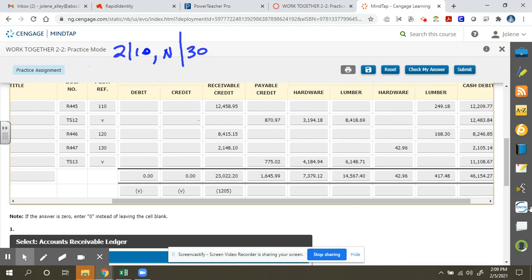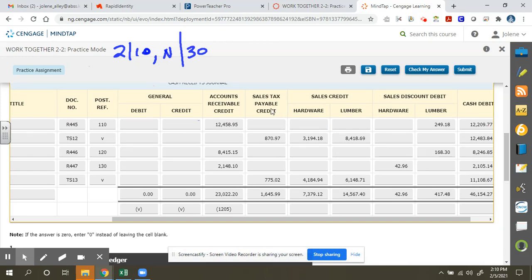Okay, now we go to this sales tax payable credit, and we have to post that in 1645.99. Putting it in my calculator so I can remember the dollar amount. Sales tax payable credit.